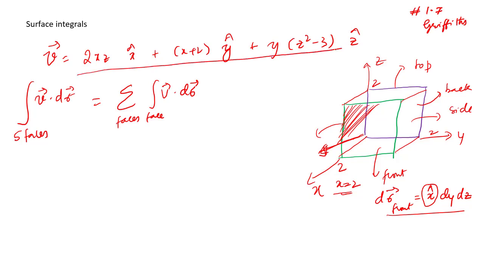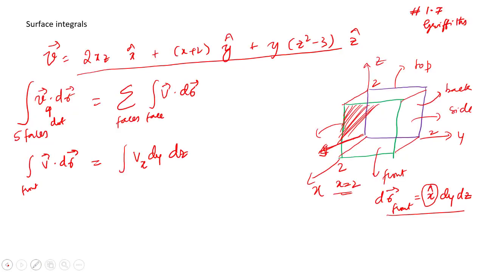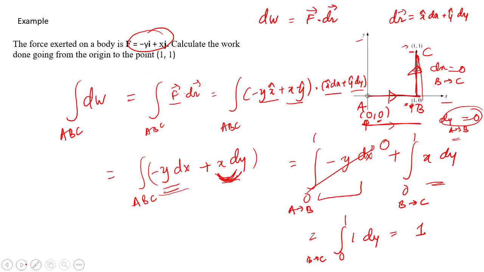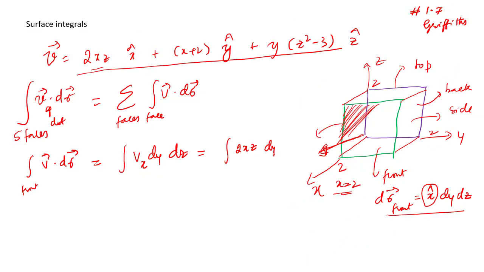So from the entire vector field, because this is a dot product, for the front face v dot d sigma will only be vx dy dz, because the areal element has only the x component, right? So then I can write the vx component is 2xz, and so I have dy dz here.